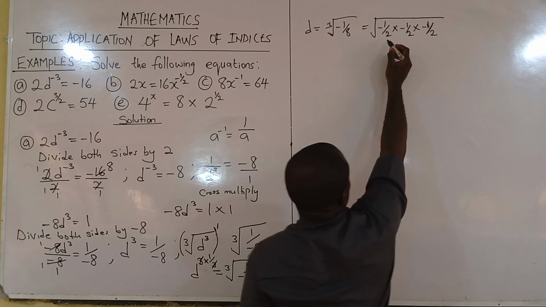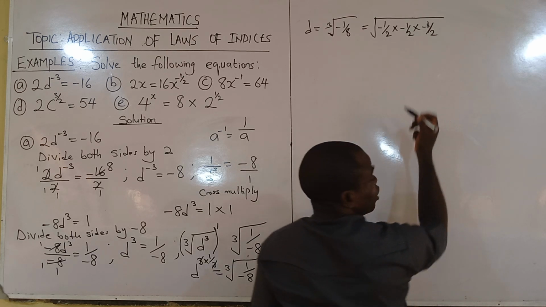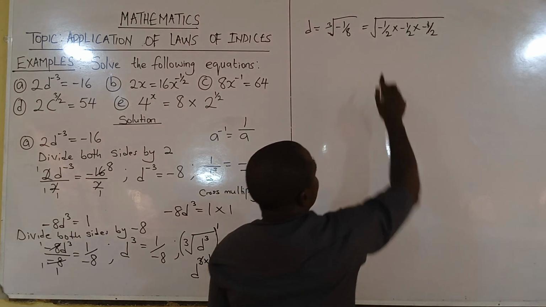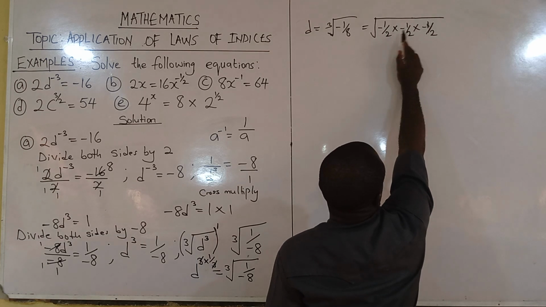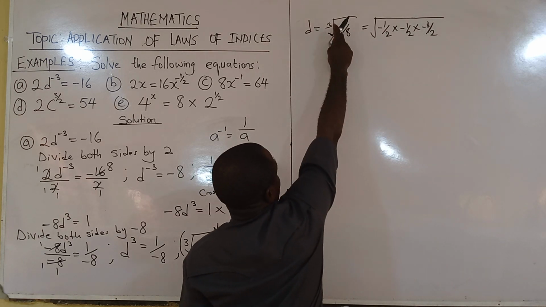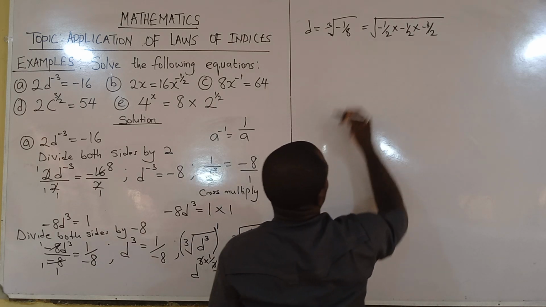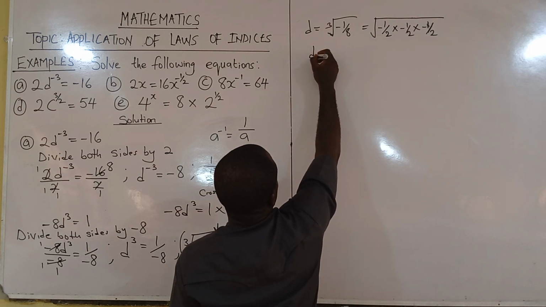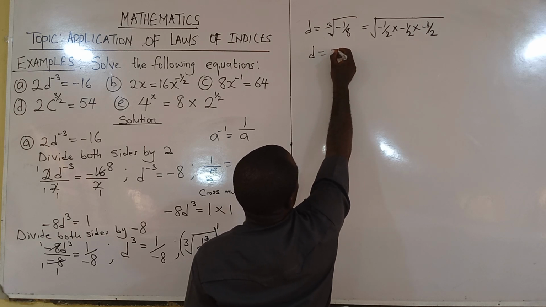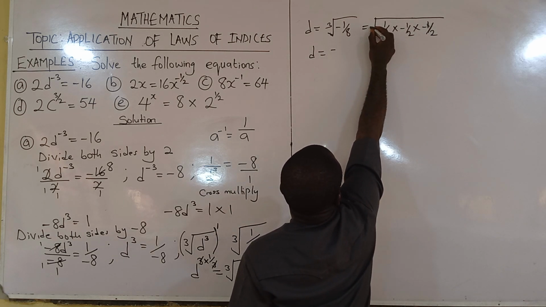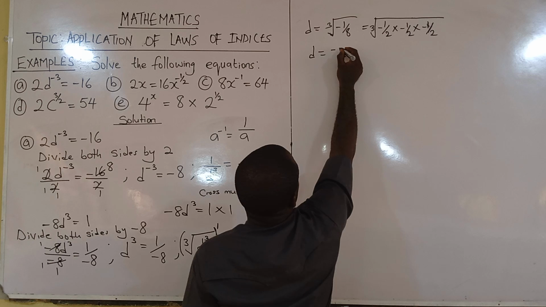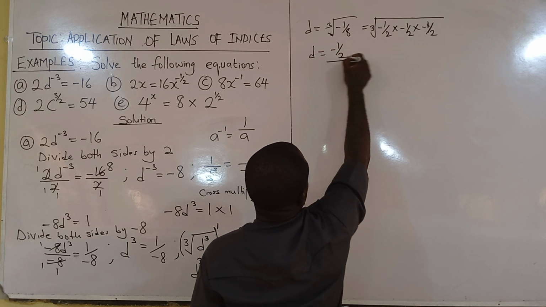When you multiply 1 over 2 times 1 over 2 times 1 over 2, it gives us 1 over 8. Negative and negative give us positive; positive and negative give us negative, which is this negative. We now pick one of the minus 1 over 2. So d now equals minus 1 over 2.